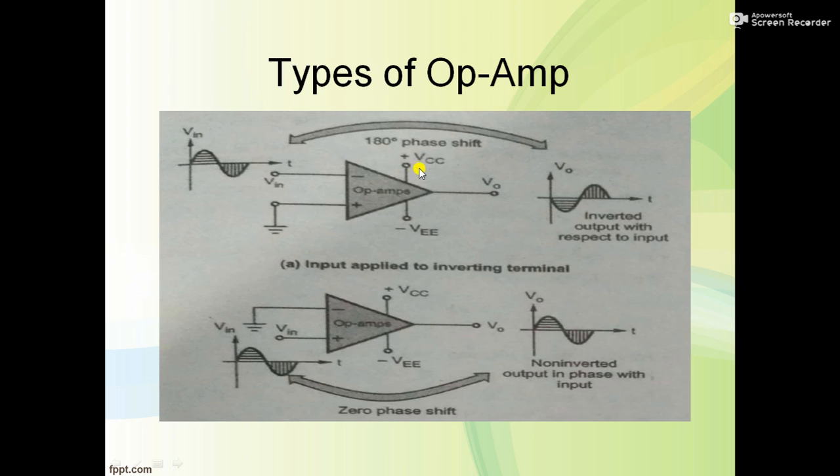In an inverting amplifier, if you apply the positive and negative half cycles of a sine waveform, on the output side you will get the opposite. If you apply positive, you will get negative. If negative, the output is positive. Similarly, in the case of a non-inverting amplifier, whatever input signal you apply, positive or negative, the same signal you will get at the output side.